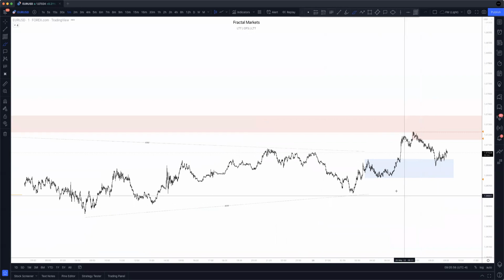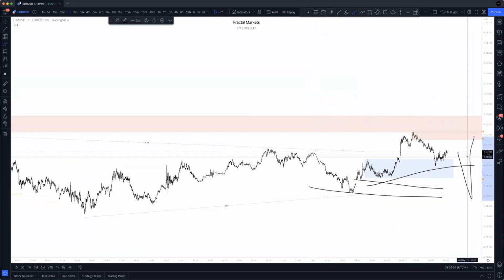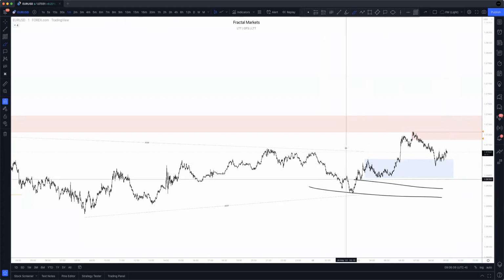The area I would like to see longs come from would be sort of down in here, right? That would be my most favorable spot. Take all this liquidity and then go. Thoughts on supply above? Let's have a look.